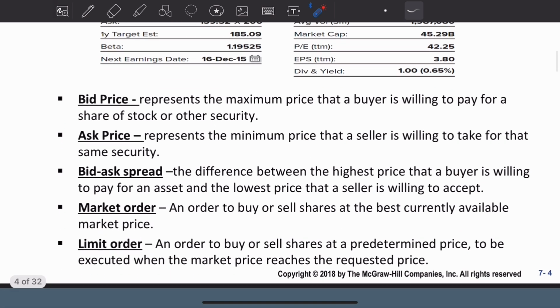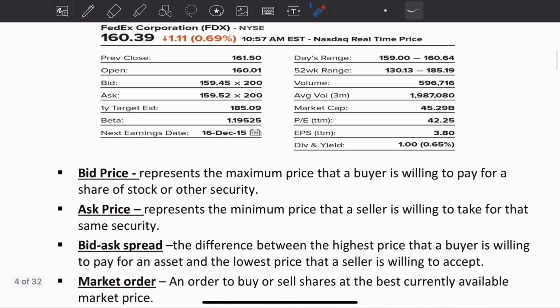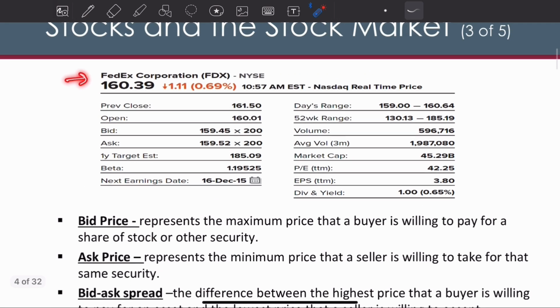Unlike that, a limit order is an order to buy or sell shares at a predetermined price, to be executed when the market price reaches the requested price. So, for example, I could place a limit buy order for FedEx stock at $155.